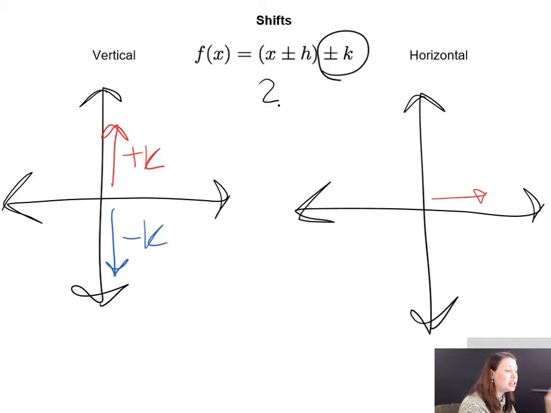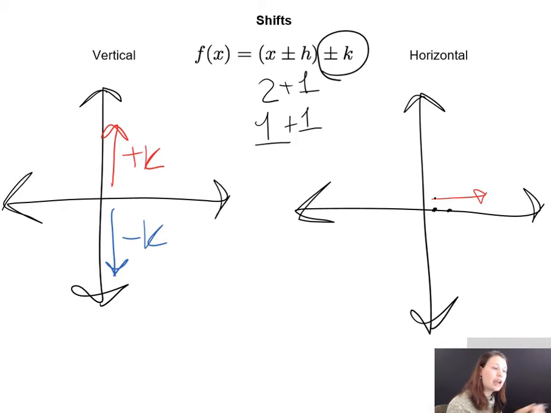If normally I plugged in 2, and I have an h value of, let's say, 1, now I'm getting 3. So if I want 2, I have to change to plugging in 1. So now, instead of plugging in 2 to get 2, I have to plug in 1 to get 2. See how it changed it to the left when really it was a plus h value? So that means, like we said, it goes in the opposite direction.